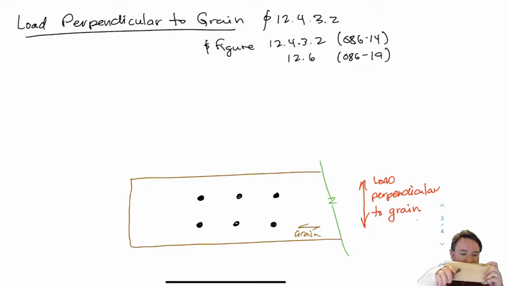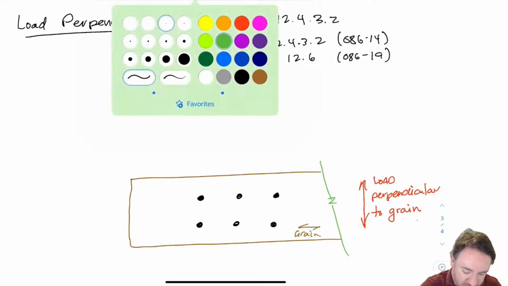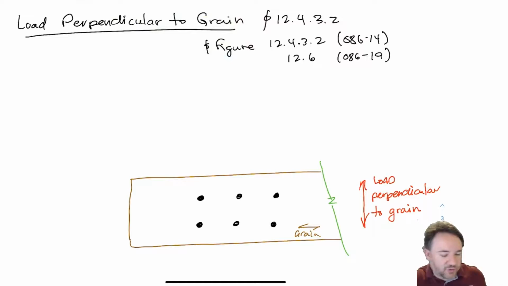So if I'm holding the bolt steady and the connection is moving, the bolt is either going to move down or the bolt is going to try to push up. Okay, so we have different spacing requirements for these. And they're going to look like this. So again, the parameter names are a bit different for 08614 or 08619, but the requirements are identical.